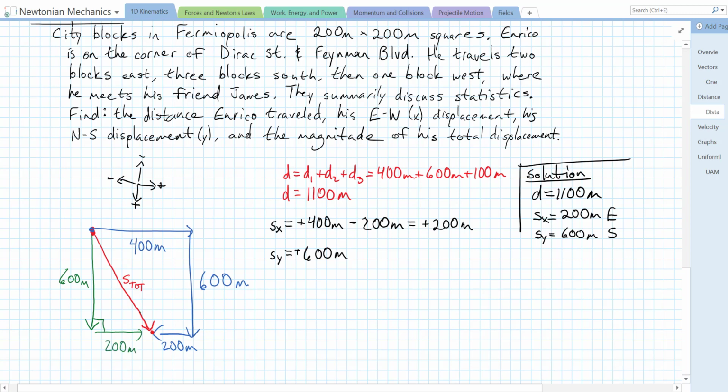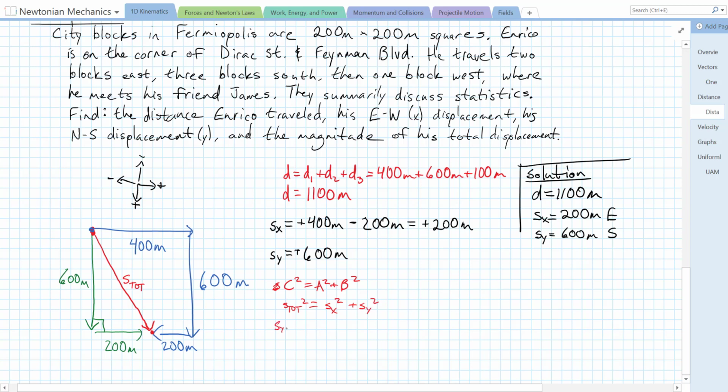We can find the total displacement just using the Pythagorean Theorem. So let's do that. I'm also going to do that in red. Pythagorean Theorem says, well, it's c squared, the hypotenuse squared, equals a squared plus b squared. So when we plug in our numbers, that becomes S total squared equals Sx squared plus Sy squared.